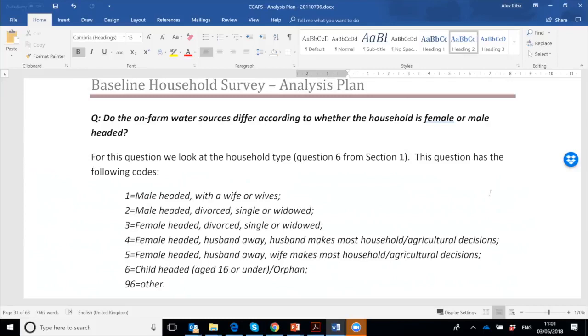And the 6th option was child-headed. So we see that we may have just a couple of categories of options here, or we may expand into a larger number of categories.